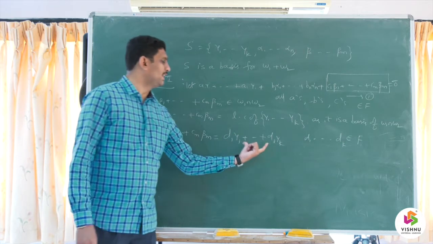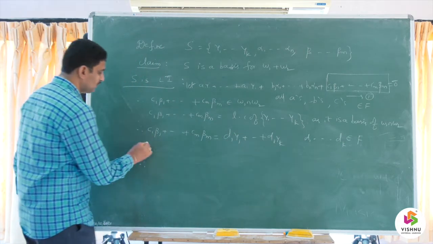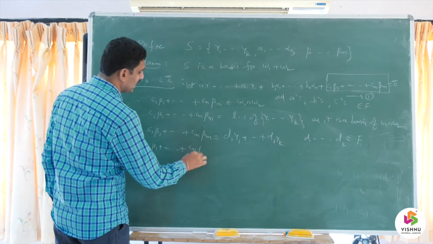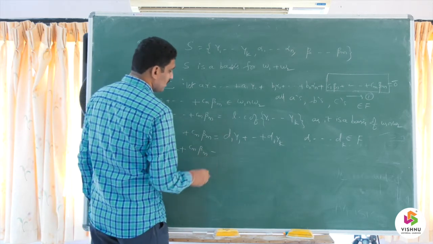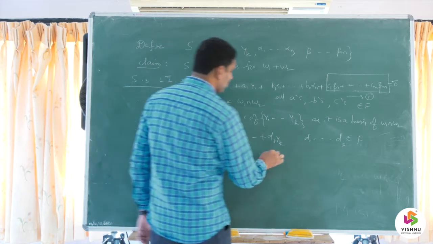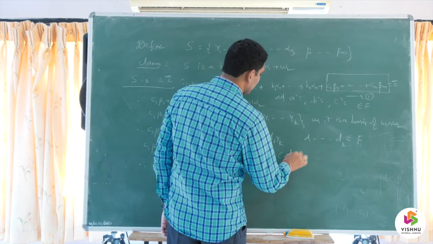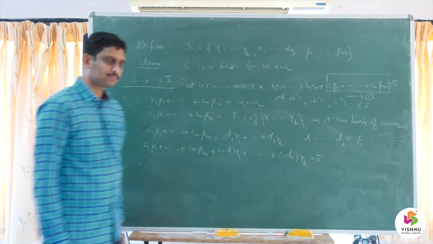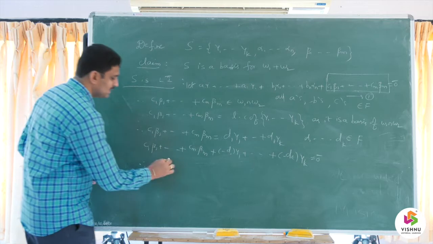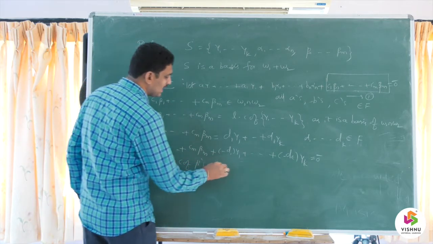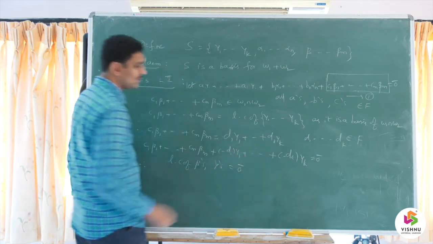Now you take this side to the left hand side, then what you get? C1 beta 1 plus so on plus Cm beta m plus minus d1 into gamma 1 plus so on plus minus dk into gamma k is equal to 0 bar. So this is nothing but a linear combination of betas and gammas equal to 0 bar.